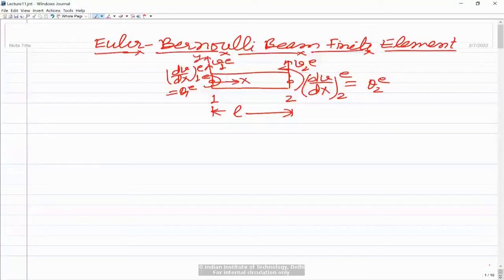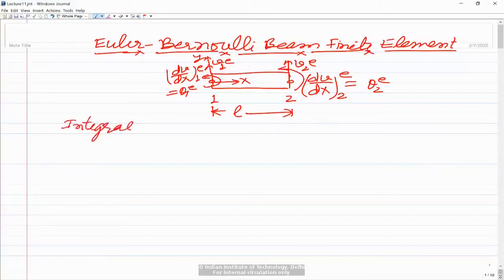From the continuity requirement, we need only up to x square, but to satisfy the inter-element compatibility, we need 2 degrees of freedom at each node, v and dv by dx, and a total of 4 for the element. So we should have four terms in the approximate solution, and that is how we led to the cubic polynomial.